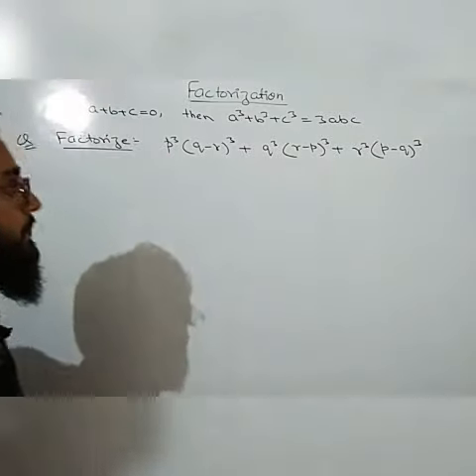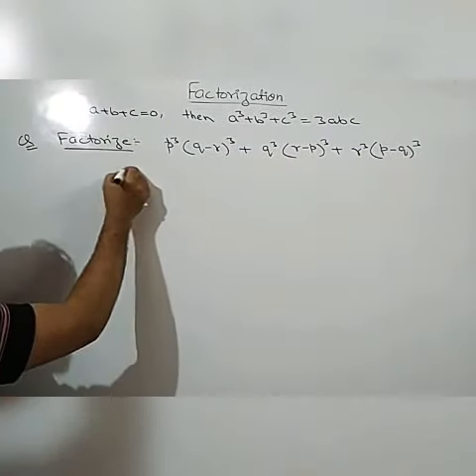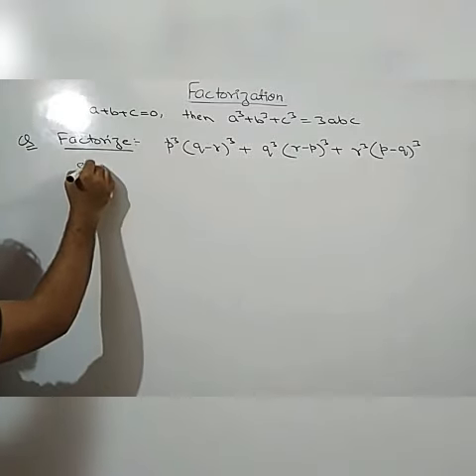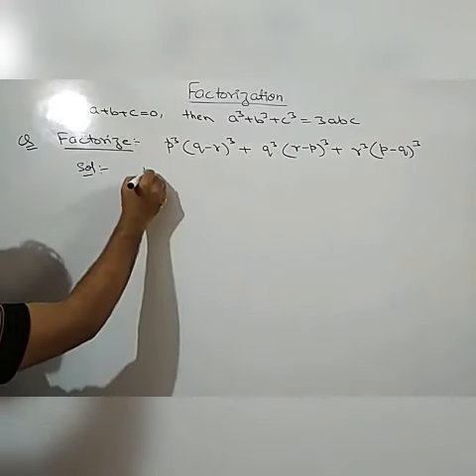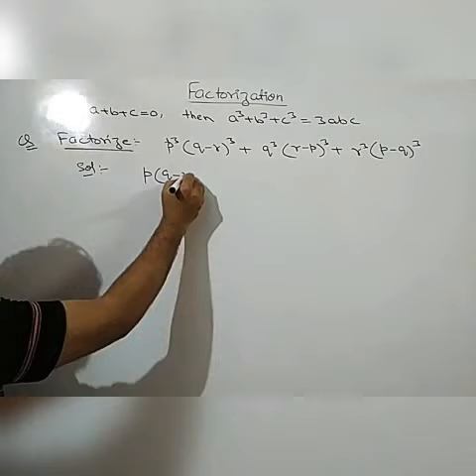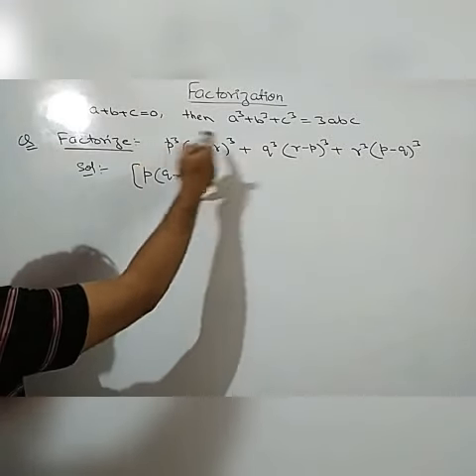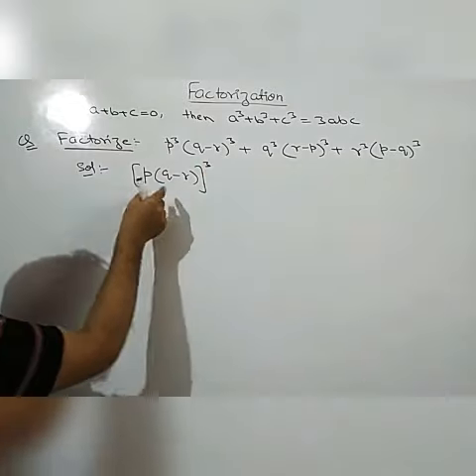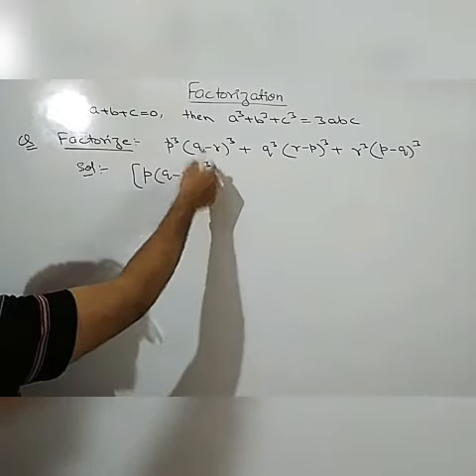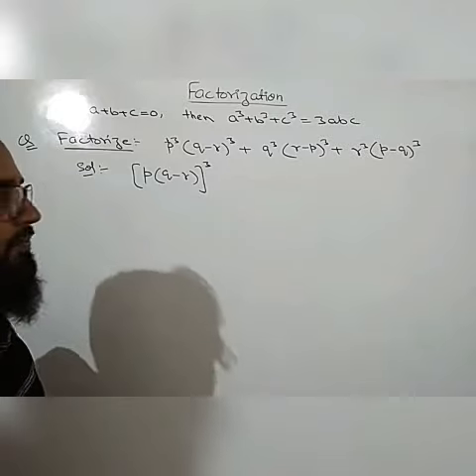So let us start. We can write the first term as p into (q minus r) whole cube, because it is p cube and the whole cube of (q minus r). So we have taken this whole term, and the whole cube of p into (q minus r).